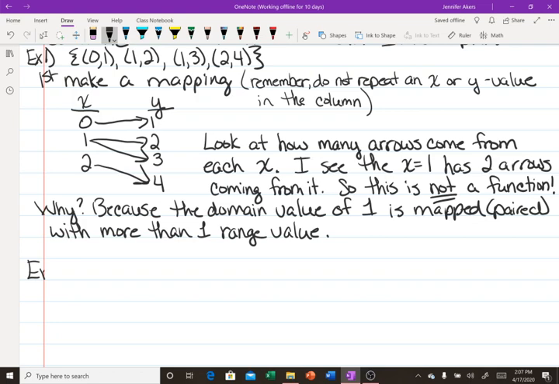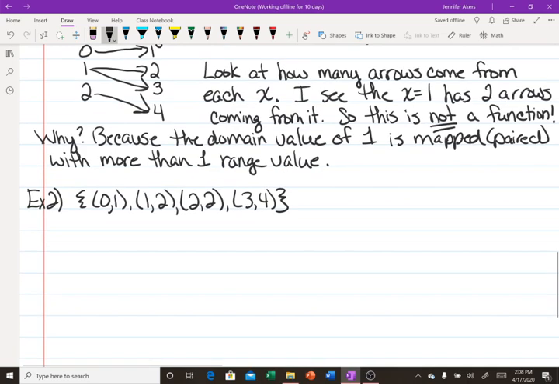Example 2. We have (0, 1), (1, 2), (2, 2), and (3, 4). Again, let's first make our mapping.